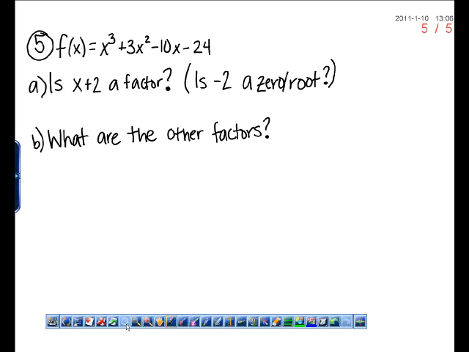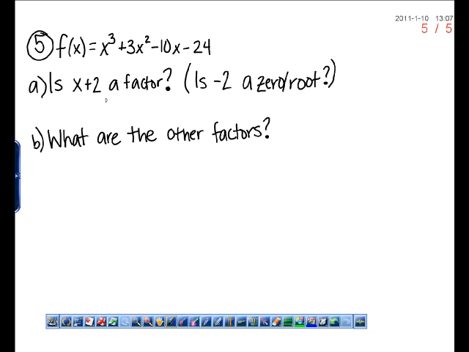What information would that tell me? If I plug in -2, it'll tell me if it's a factor. Good. And if we get it equal to 0, then it will be. But in order to find the other factors, what am I eventually going to have to do? I'm going to have to do some sort of division, right? Because I've got to get x plus 2 out of there. So let's go ahead and use synthetic division here.